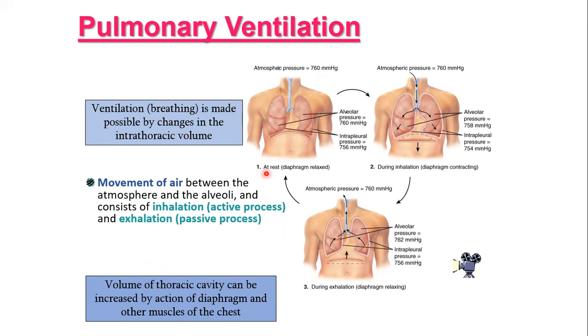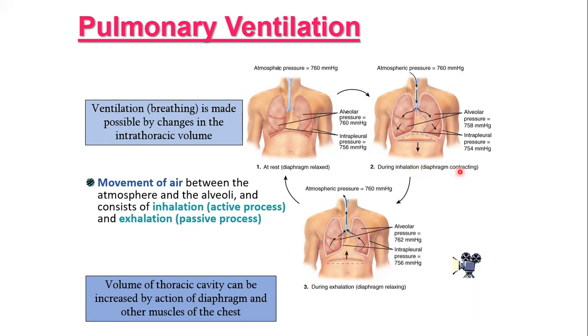At rest, the diaphragm is relaxed, and this is how it looks. It's dome-shaped. Alveolar pressure is 760 millimeters mercury, and the intrapleural pressure between the two layers of the pleura is around 756. Let's see what changes will take place during inhalation.